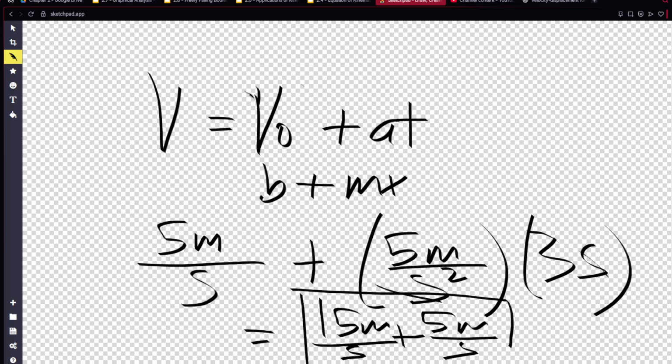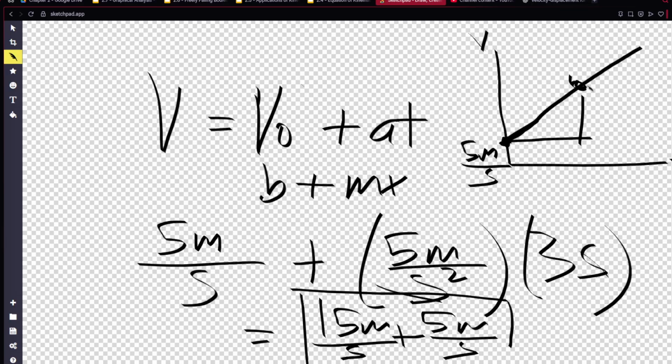So this initial velocity tells us how much we have originally, and the at adds, based on the time, how much velocity we are changing, because the velocity changes as a linear line with a constant acceleration as a function of time. So if we plotted velocity and time here, and this was our initial velocity, let's say 5 meters per second, then our velocity looks like this. So depending on the time, you can extrapolate where your final velocity will be. So it's the rate of change plus this.